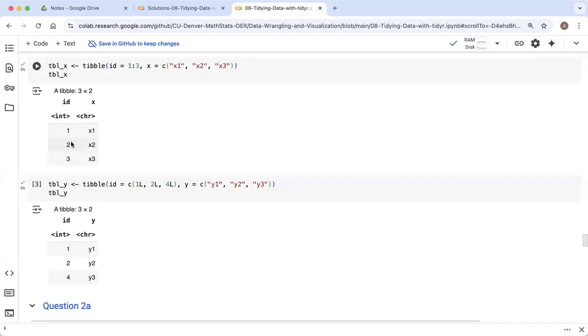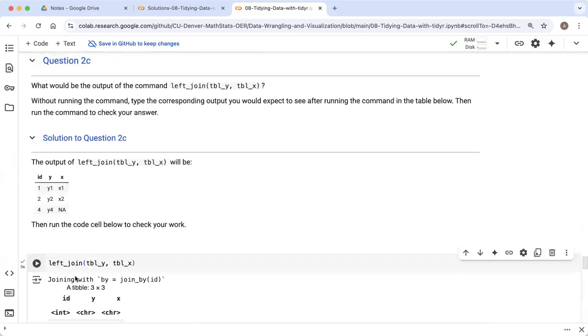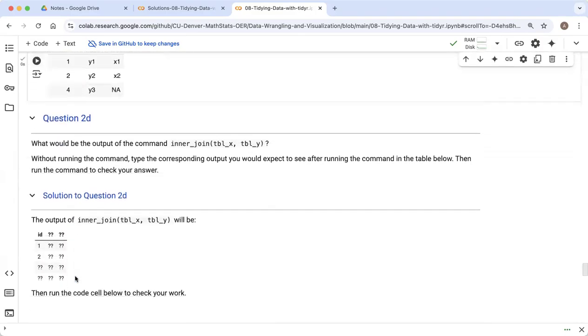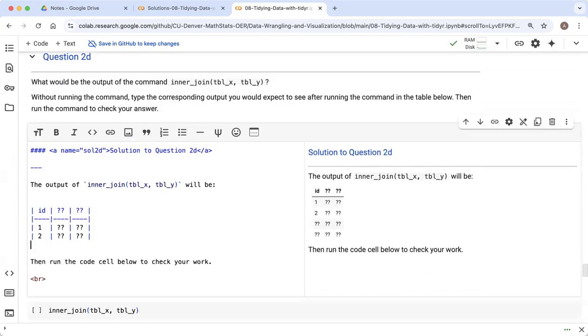It's going to keep that row of information. 3 is in X, but not in Y, so it's going to drop that entirely. 4 is in Y, but not in X, so it's going to drop that row entirely. So the only rows that are kept are going to be the rows that are in both data frames, which are just 2 of them in this case.